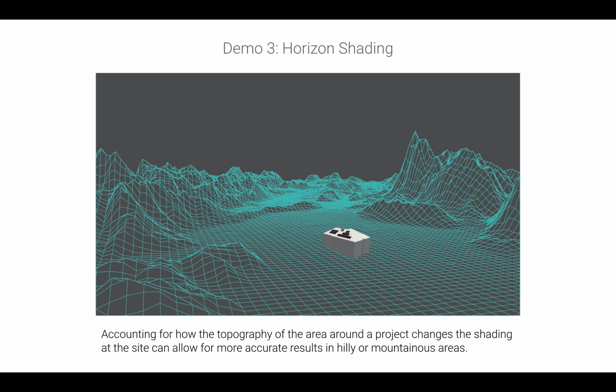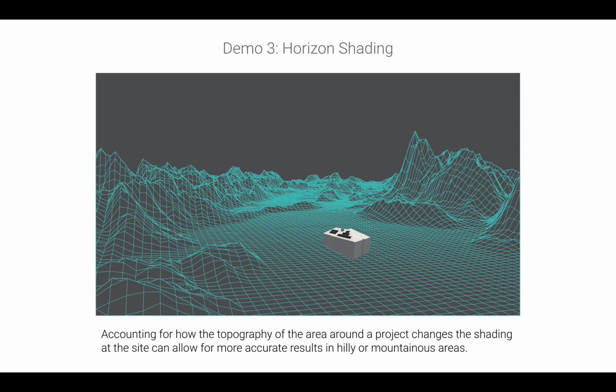Taking into account just the objects within the project area is typically good enough, but what if you live in a hilly or mountainous area where hills or mountains beyond the immediate project area will block the sun at certain times in the day, like in the early morning or in the late afternoon? Well, that's where horizon shading comes in.